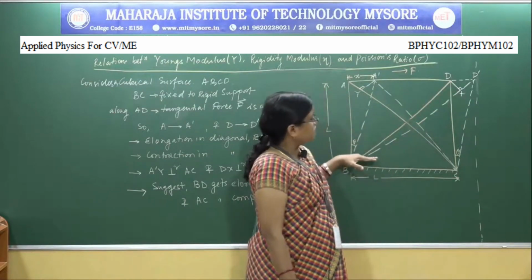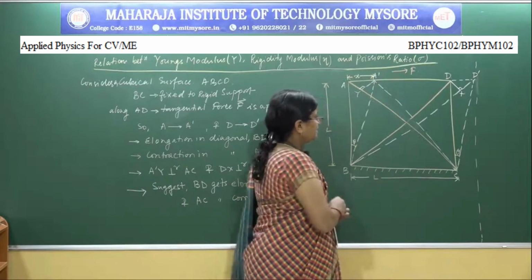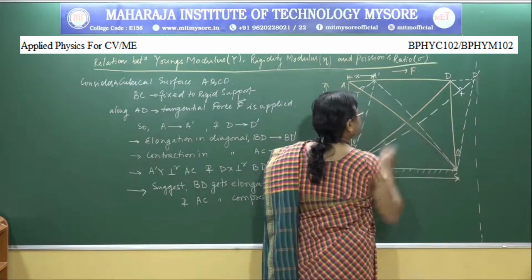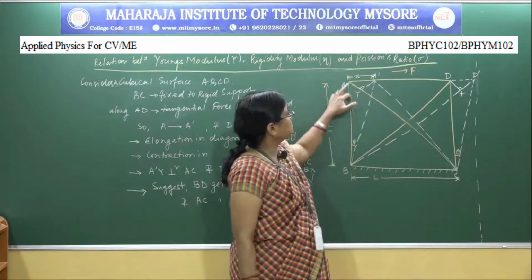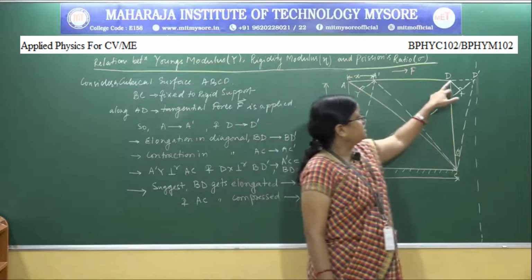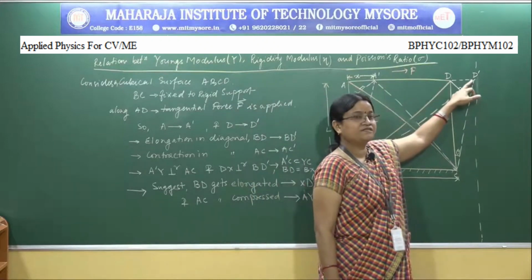So as we know, there will be a shift in the layer by layer structure, and hence finally if we consider the upper surface, A shifts to A dash and D shifts to D dash.